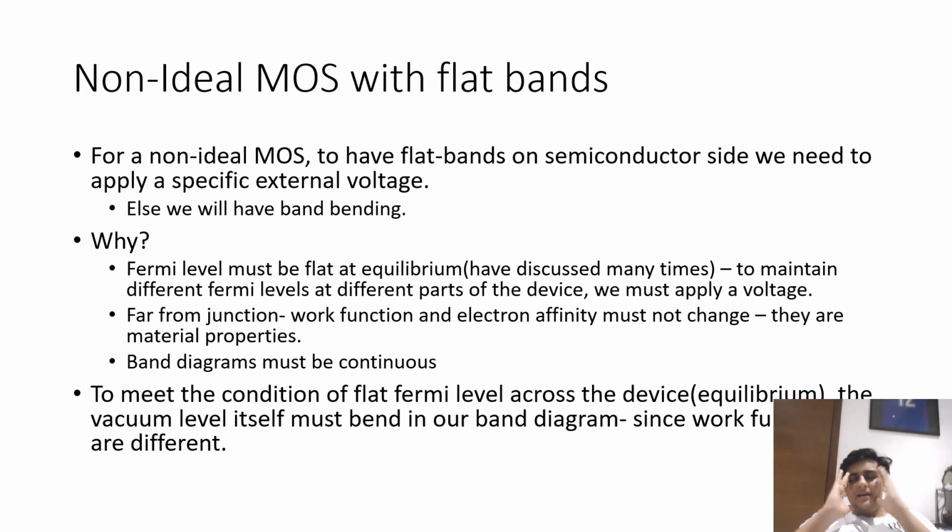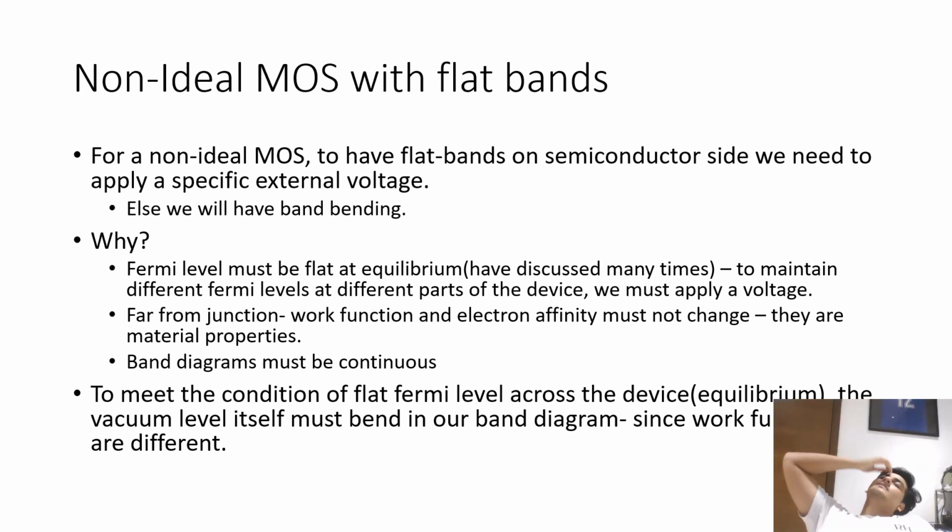That's something I wanted to get out of the way as well, because that's why your band bends and eventually reaches a level where the difference with the common Fermi level is the work function of the semiconductor, and less than the distance of the vacuum level from the Fermi level on the metal side. So that's one way you can do it, where you allow the vacuum level to bend.